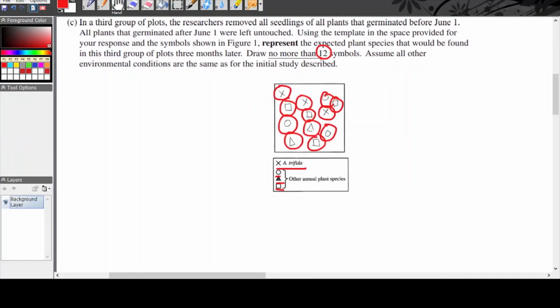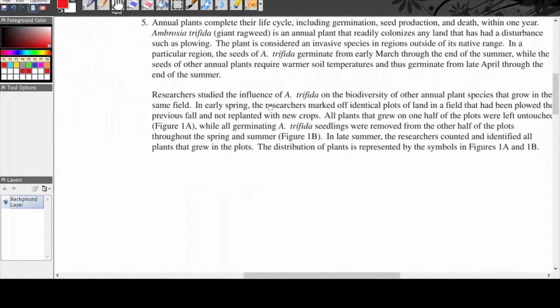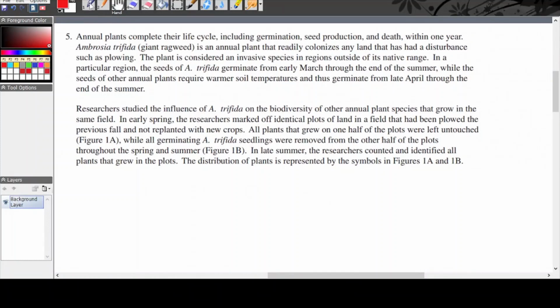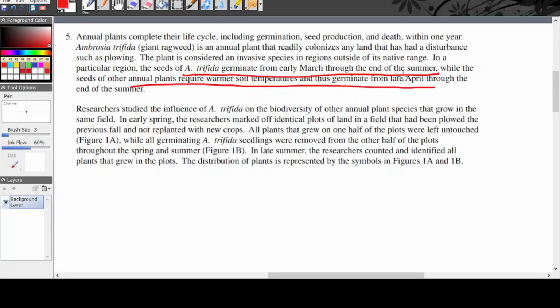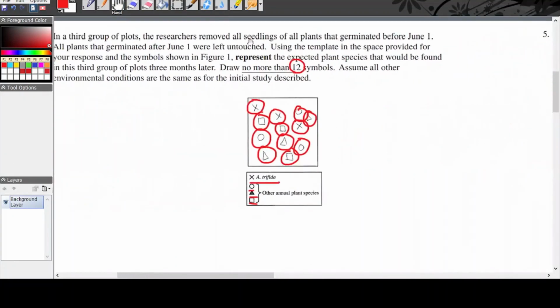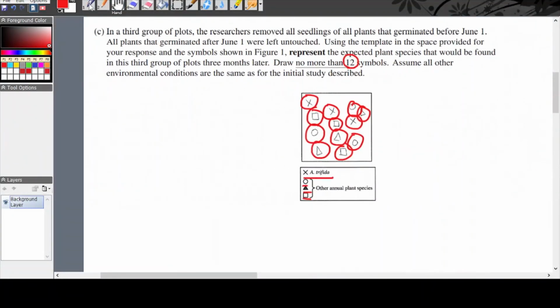Now the reasoning for this is given in the main question. It said in the first paragraph that Ambrosia trifida germinate from early March through the end of the summer, and the other annual plants require warmer soil temperatures and thus germinate from late April. Considering our question, all the germinating seeds after June 1 were left untouched.